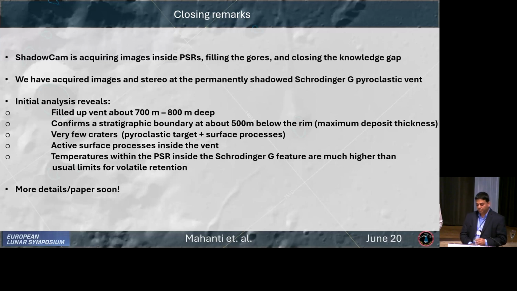Okay, so if you're asking whether the presence of a pyroclastic deposit in the PSR quantifies its potential as a resource for ISRU?